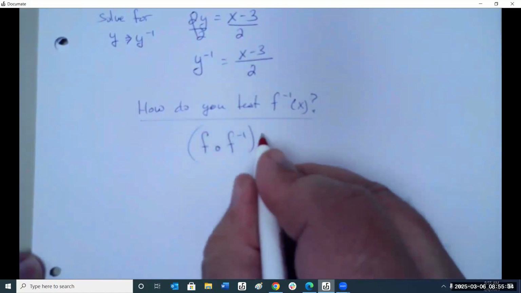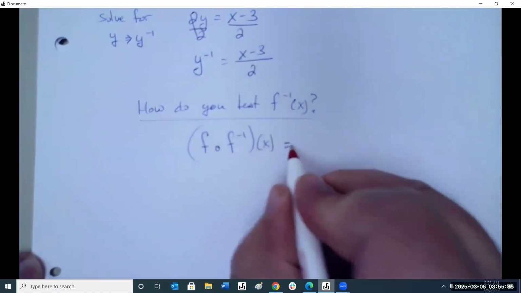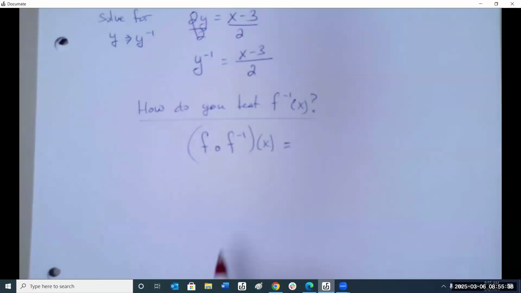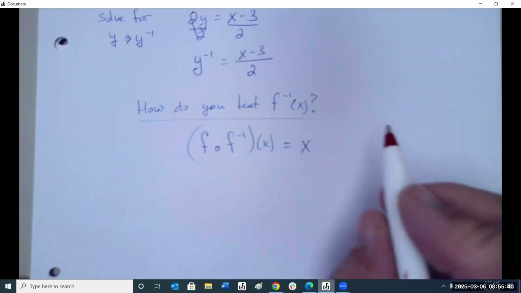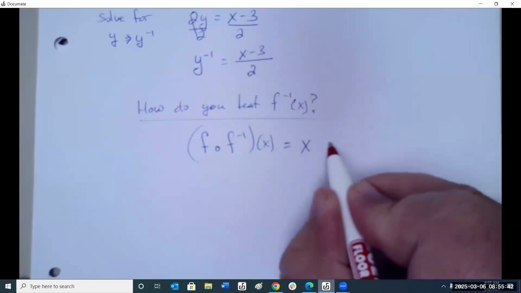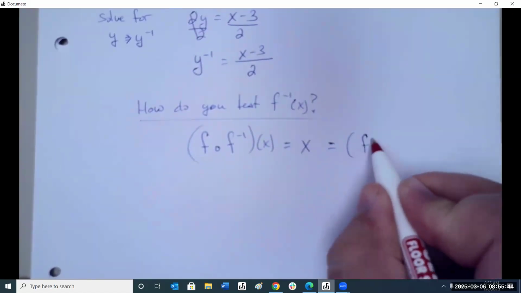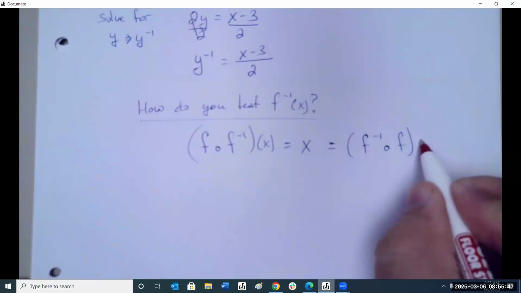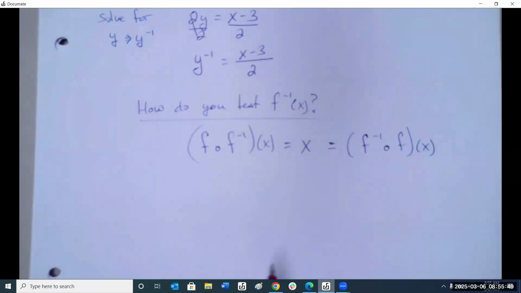To test to see if your inverse function is really true, you do composite function, and it should equal x. And it has to equal x both ways. f of f inverse and f inverse of f.